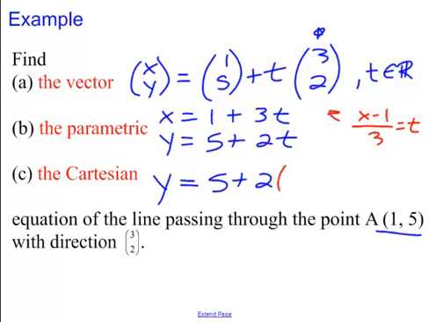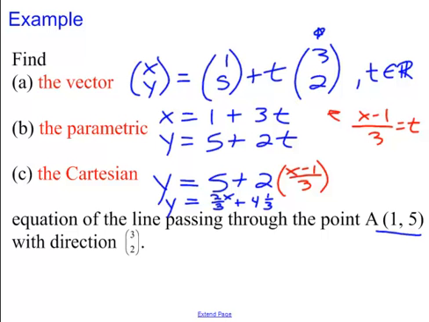So therefore it's 2 times x minus 1 over 3, which if you'd like to write that out, it's y equals 2/3 x minus 2/3 plus 5, which is 4 1/3, if my math is correct.